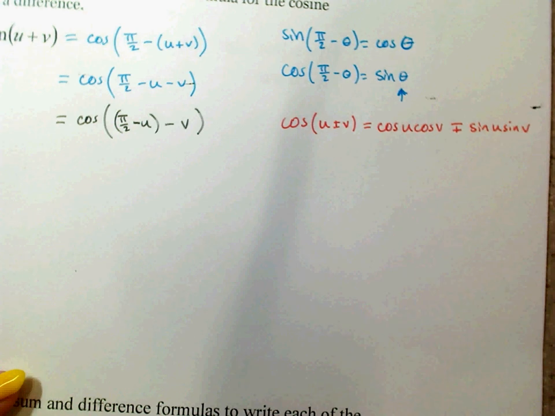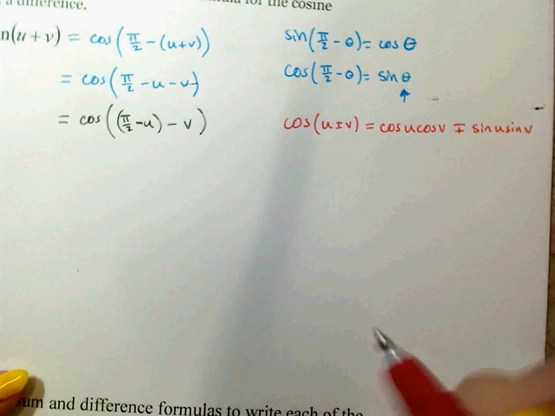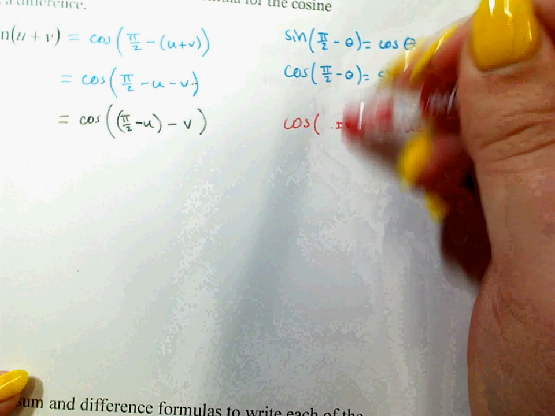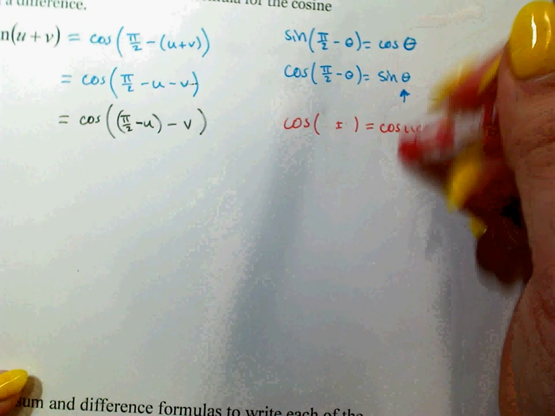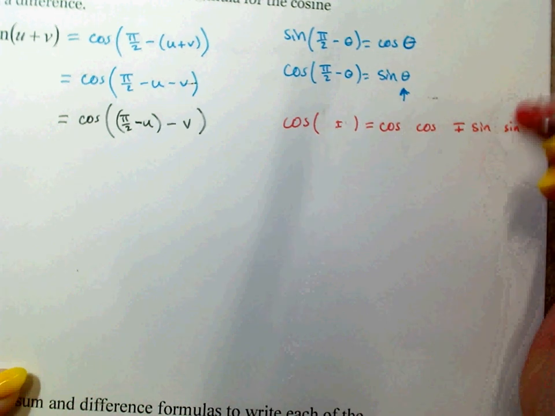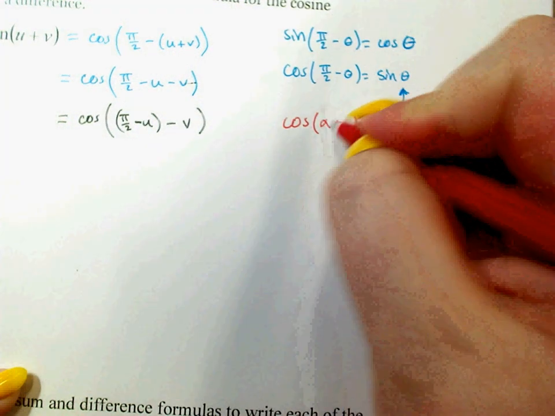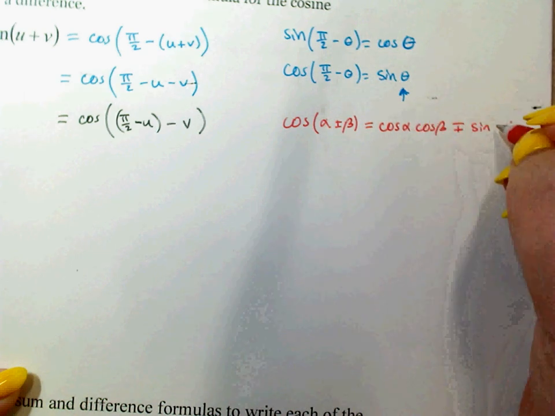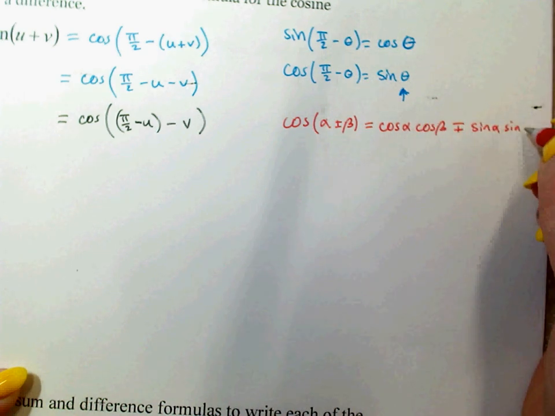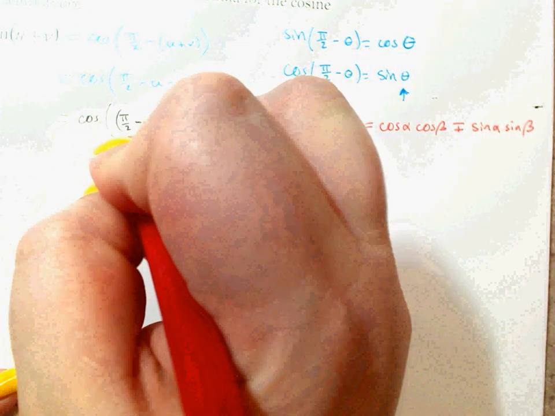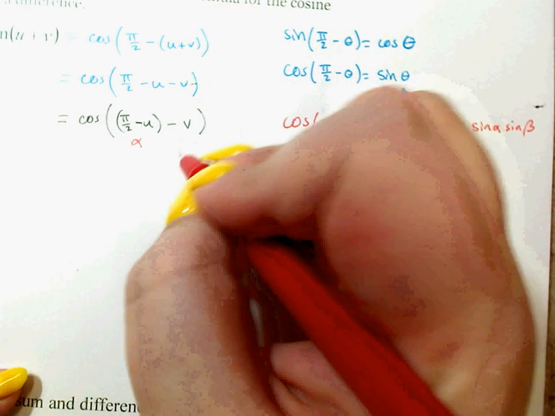In this case, I'm going to go ahead and rewrite it, because I've already got u's and v's over here, and I want to be able to say what my alpha and my beta are. So in this case, the alpha is pi over 2 minus u, and the beta is v.